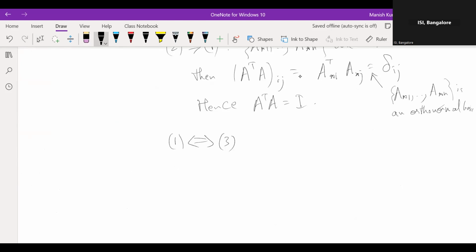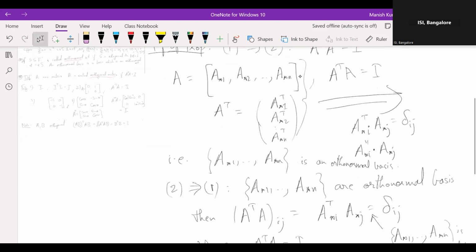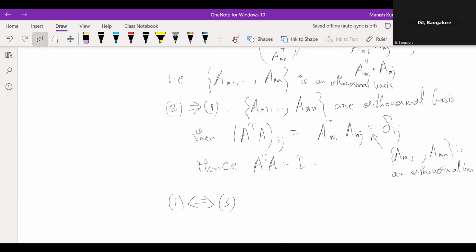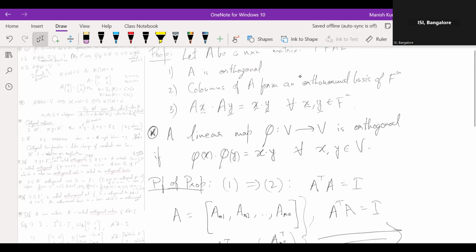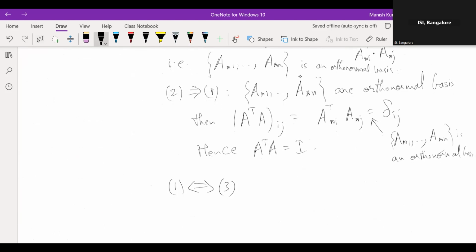maybe again in one go. What does one say? That A transpose A is identity. So one is equivalent to saying that A transpose A is identity.